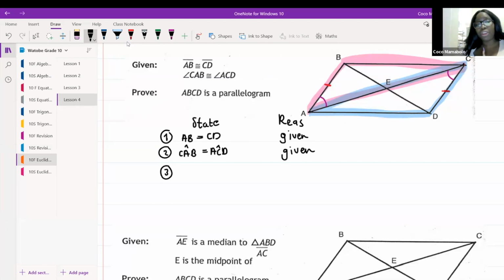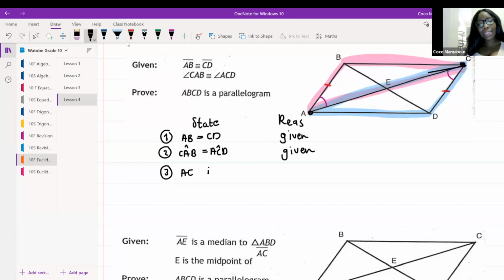Michael, they're not parallel. They didn't tell us that. What Mawande is saying is that AC is common. AC is a common line in both of them.